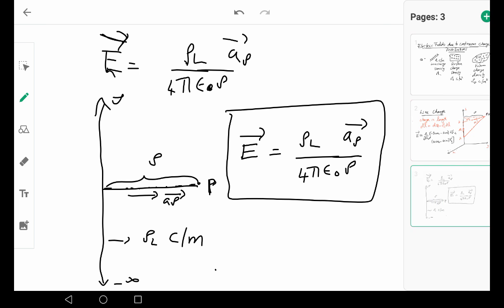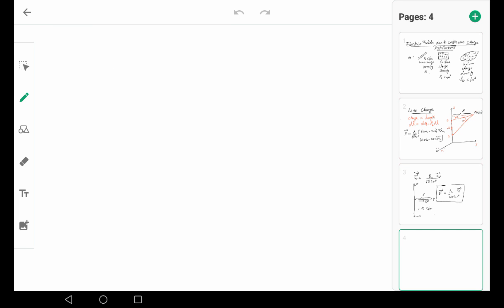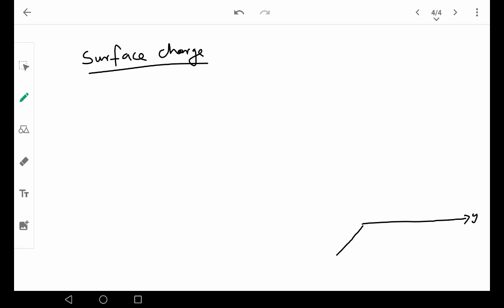Okay. Now we'll do the same for a surface charge. Again we will do it in the XYZ axes. This is the Y axis, this is the X axis, and this is the Z axis.